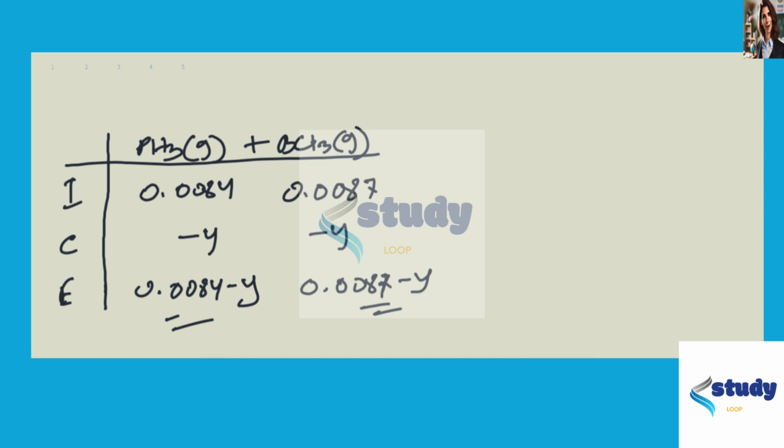Now we can again plug them into our equilibrium constant expression, which is Kc is equal to the concentration of both the products, since once again our reactant here is solid, and that's why we don't need to add it here.